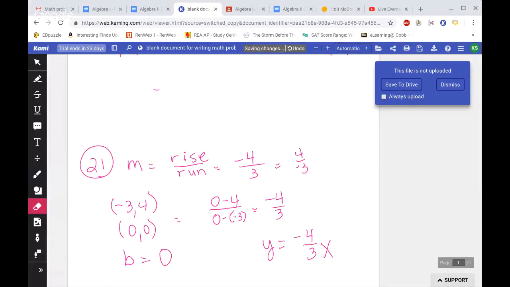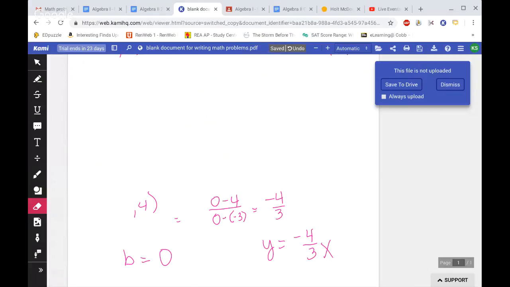All right, moving right along to number 23. Let's be thinking about it. What is the rise on number 23? 4. I put -4. Did you?